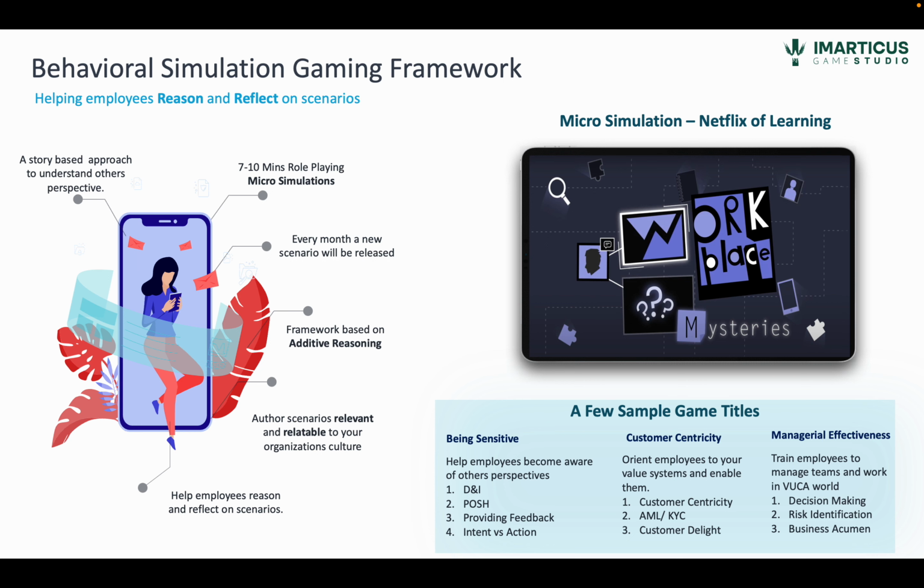The entire game starts with a suspense event that has happened within the organization, and the primary objective of the player is to uncover this event and understand more about the different opinions, different predispositions, and different viewpoints of various stakeholders involved. This is how individuals get to reason and reflect on various behaviors that happen within this scenario.